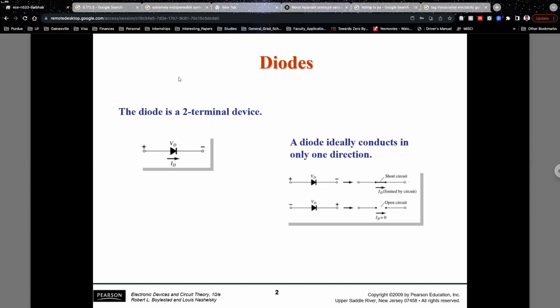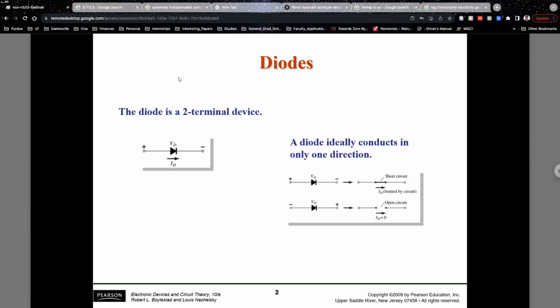But if you connect it in the opposite direction, where P is connected to the negative voltage and N is connected to the positive voltage, in that case, the diode acts as an open circuit. So it's like a gate or a switch that works based on the polarities of the voltages that you apply on the two sides. You know about mechanical switches from your childhood, where you turn on or turn off a switch with which you control the lights in this room, right?